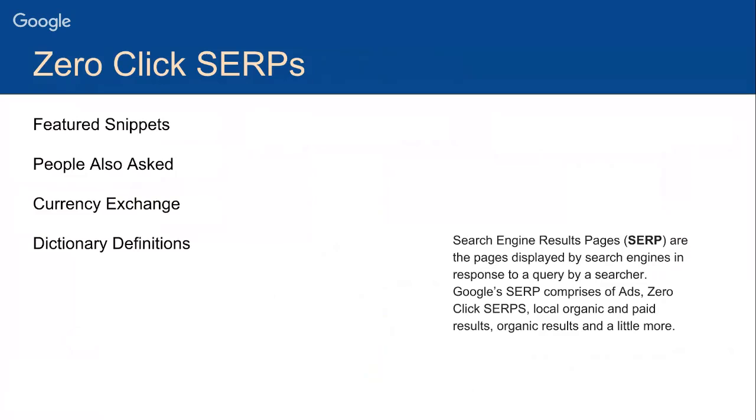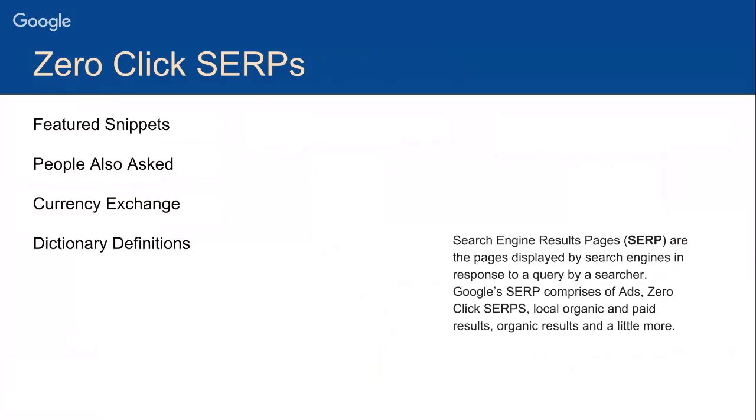The most common search engine, obviously, is Google, and their SERP comprises of ads, zero-click SERP, organic SERP, local SERP, like so many different types of information. And you don't really notice it until you look at it deeper, what each one of these mean and how different people can be responsible for different elements.